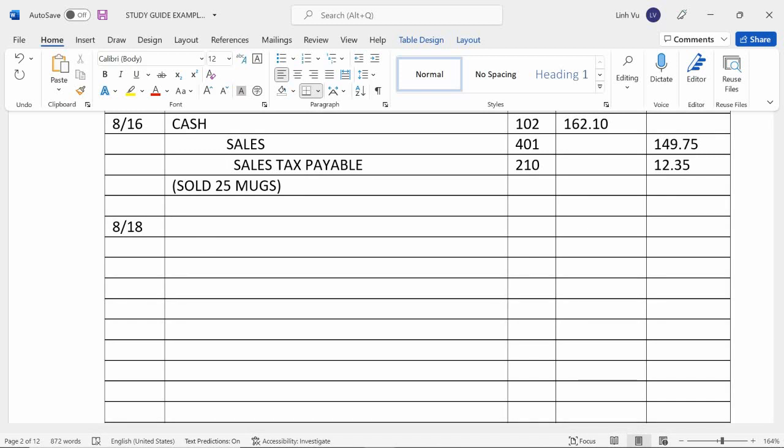We're giving a refund, so this is going to decrease your sales by putting in a sales returns and allowance.